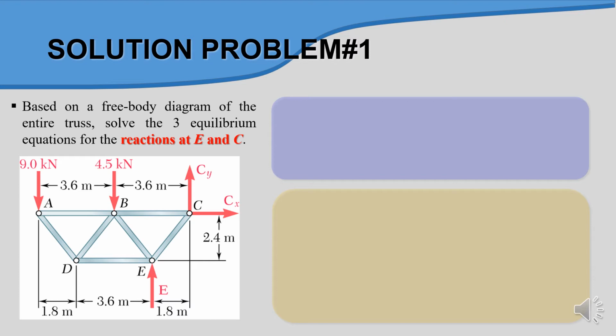For the values of E and Cy, we put the outward direction, and for Cx, we put a positive value. Whether you want to put Cx to the right or to the left is up to you.